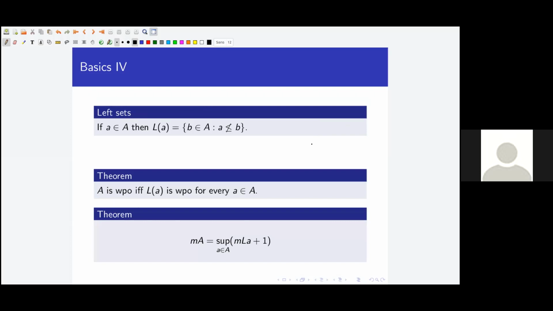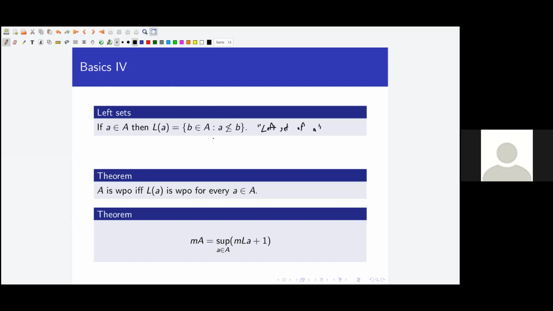The problem with these well partial orders is that there are a lot of basics. So here's one last thing. It's called a left set. The left set of an element in a well partial ordering, or any partial ordering really, is just the set of things that A is not below.